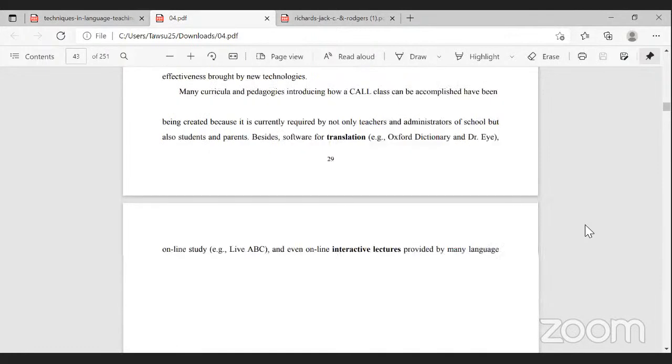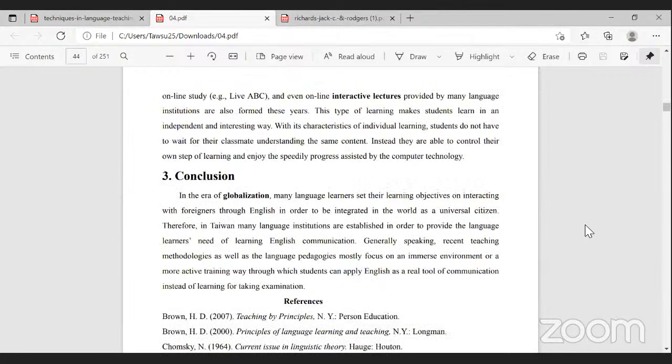So this kind of interactive learning makes students learn in an independent and interesting way. So this is very dynamic. This makes the students of the class participate. It is a very independent and interesting way of teaching language to the learners.